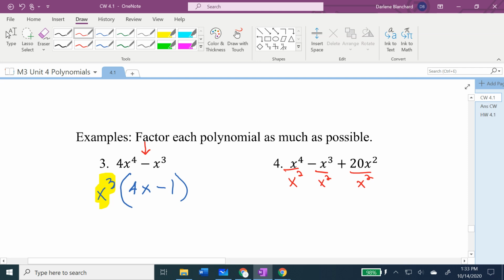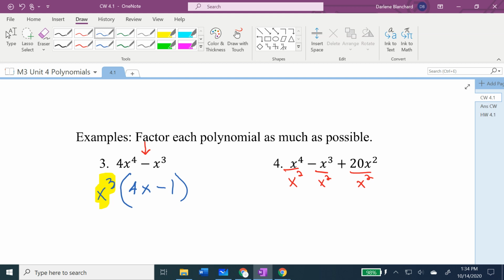So when you have a polynomial where every single term has x, you're going to take the smallest exponent, and that's what you can factor out. Now, it would be nice to factor more than that out, but if I do, I'm going to end up in fraction world, and I like to stay out of fraction land. It's not my favorite place to be.